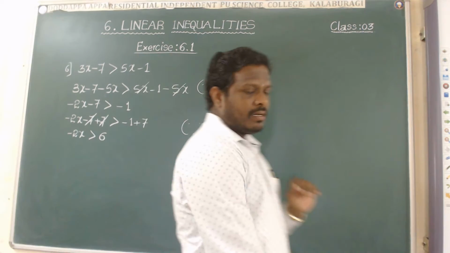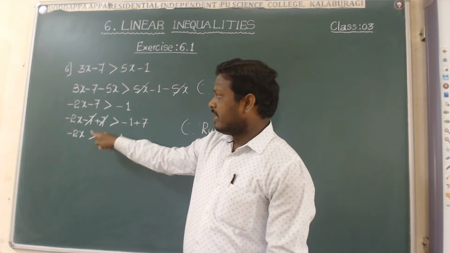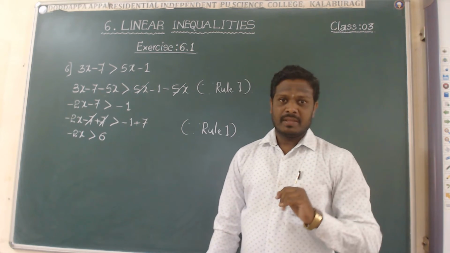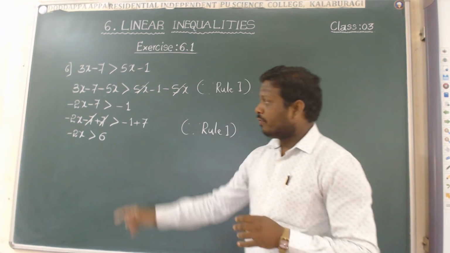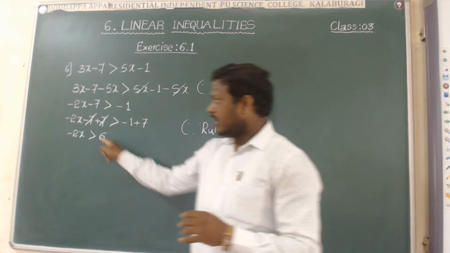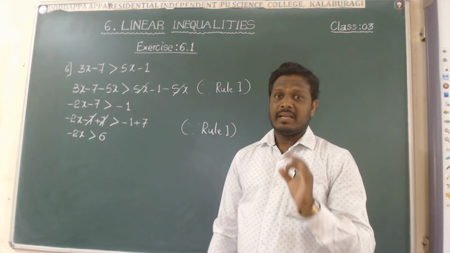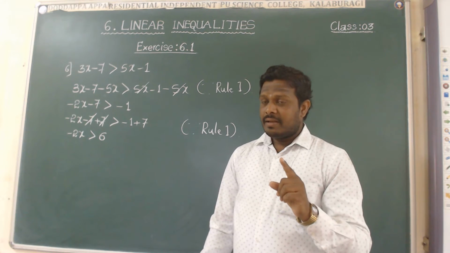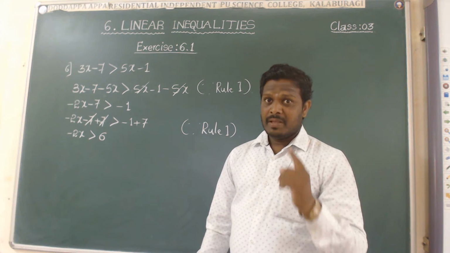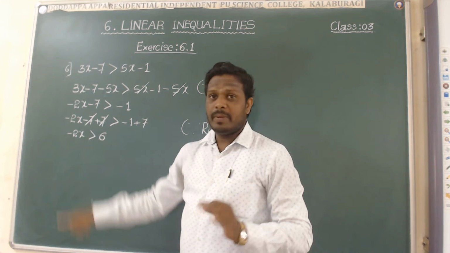Our aim is to make the coefficient of x positive 1, but here the coefficient of x is minus 2. For getting the positive coefficient of x as 1, what do we have to do here? We have to divide both sides by minus 2 by using the second rule: when multiplying or dividing the given statement by negative values, the sign of inequality will be reversed.